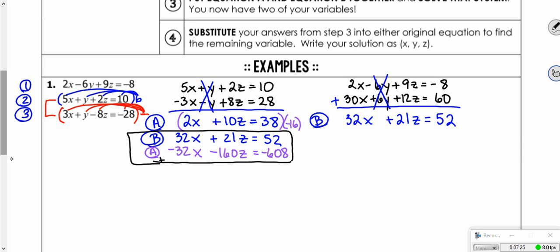If I add those up, now my x's eliminate, right? So now I have 21 minus 160. I get negative 139z. Boy, that's beautiful. And then 52 minus 608, I get negative 556 for my constant.